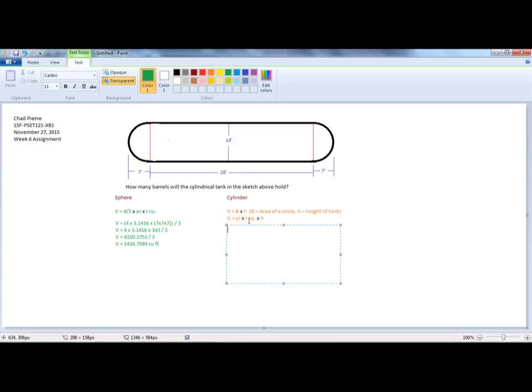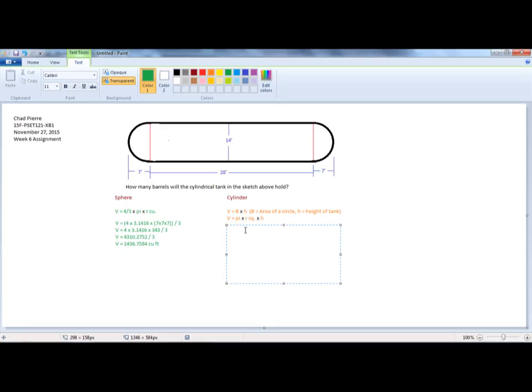The area of a circle has a formula of its own: area equals pi times the radius squared. So putting it all together, volume equals pi times radius squared times the height of the tank. For the height, we're going to use the length without our sphere attached to it, which is 28 feet.